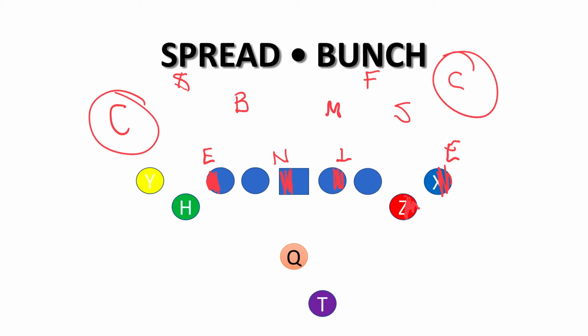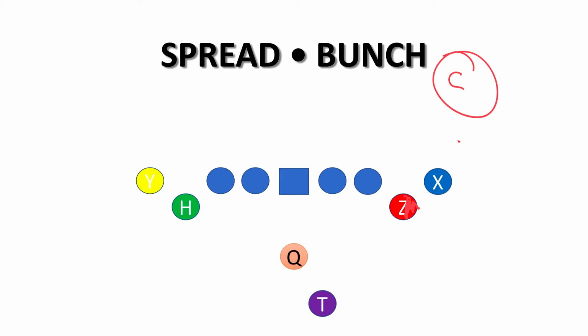So again, you can create all kinds of problems by going bunch. The rule for bunch is your multiple receiver side bunches down, and let's go through the splits here real quick. Your splits on this are 1 yard splits, okay? So the alignment's the same. Your H and your Z are going to line up on the outside receiver's back foot, so that doesn't change.